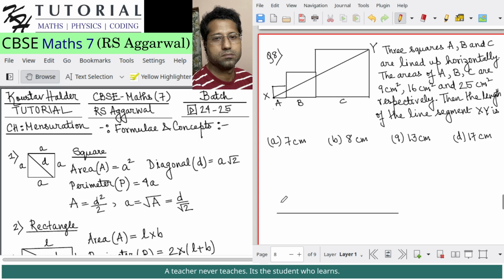We have the smallest square, then the next bigger square, and then the largest square. So this point is X and this point is Y.